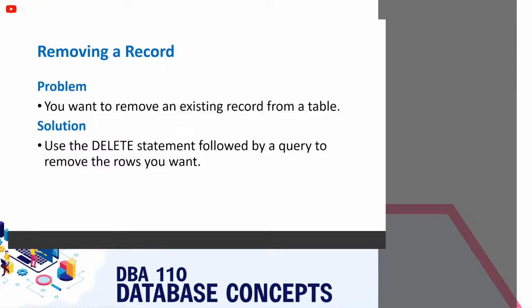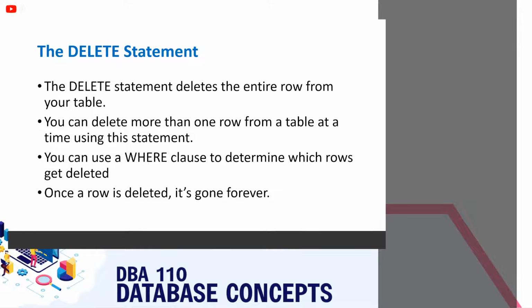In order to remove a record, we use a delete statement. And a delete statement looks a bit similar to our select statements because we need to use a where clause. We need to use one of those where conditionals like we were using with our select statements to meet our condition for our delete statement.